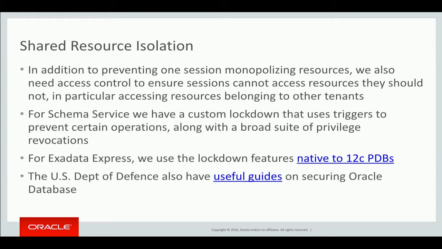In the schema service, we have written our own custom lockdown process that uses triggers to prevent certain SQL operations. We combed through the Oracle database source code and figured out all of the privileges that are granted to public and revoked all of those that weren't needed. That took a long time to do. In 12c, which is what we use in the Exadata Express service, there's a lockdown facility in the database, and so we use that.